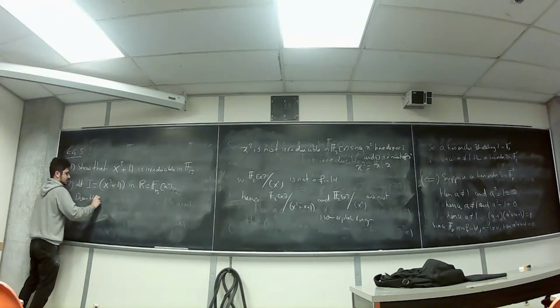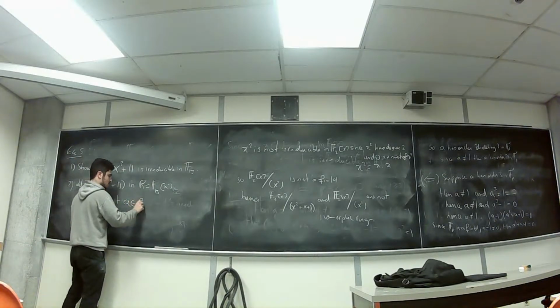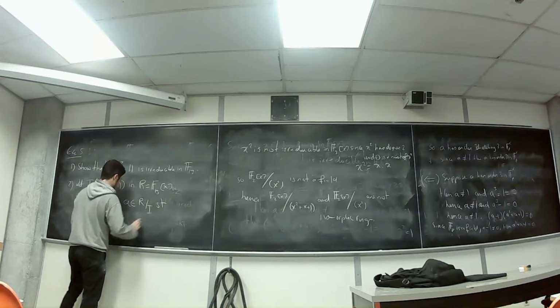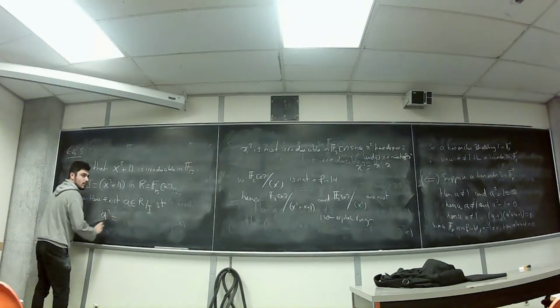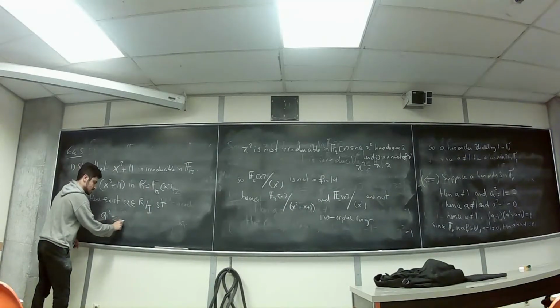Thus there exists A in R mod I such that A squared is -1.